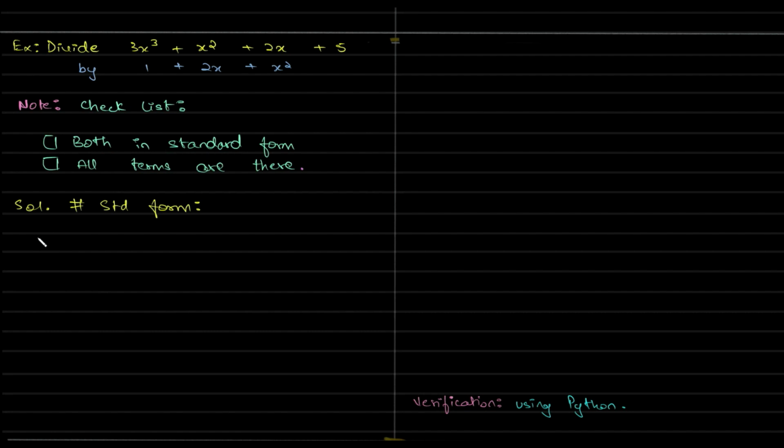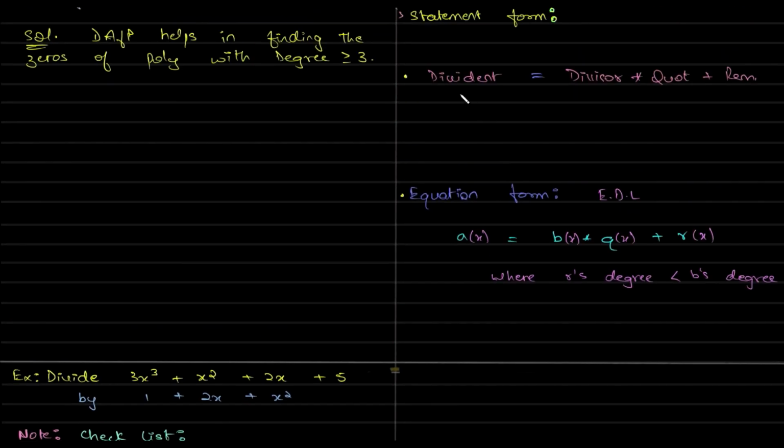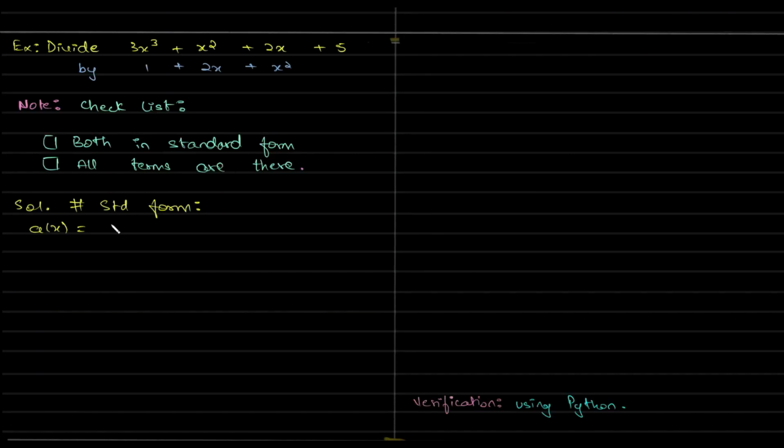So the dividend A of x is equal to 3x cube plus x square plus 2x plus 5. It's already written in standard form. That's good. Next, the divisor B of x is equal to 1x square plus 2x plus 1.